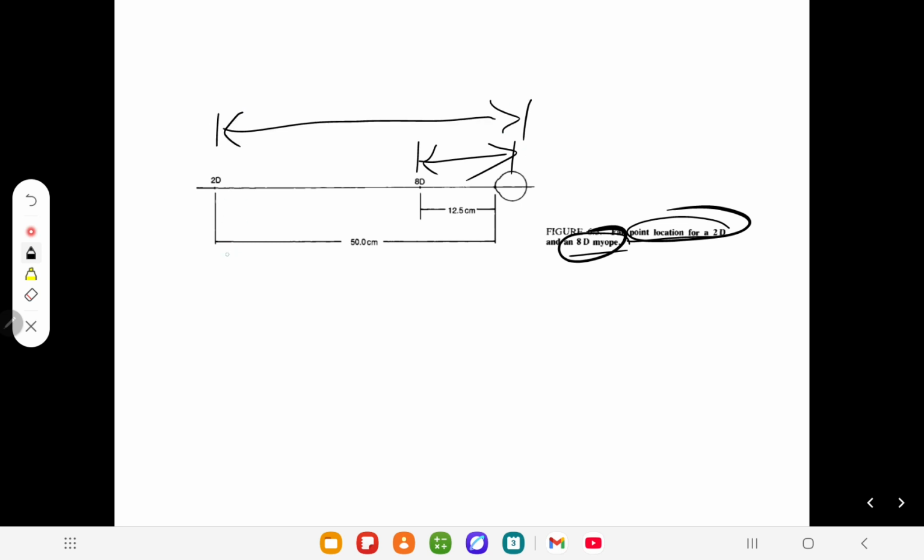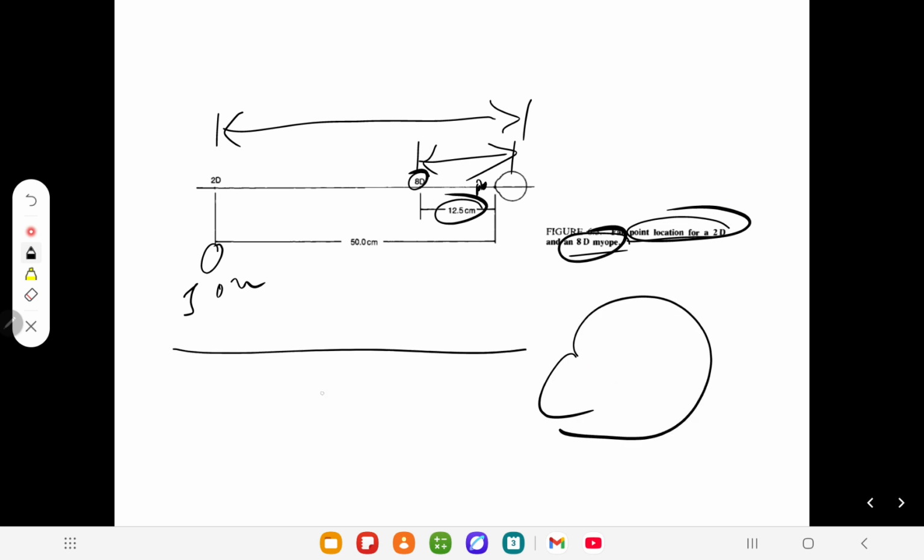The far point is always at 2 diopter, meaning 50 centimeter, and the near point depends on his accommodation. At the same time, for the 8 diopter myope, the far point is at 12.5 centimeter, but the near point depends on that particular patient's accommodation. So it's centrally important to understand that for different refractive errors, there are different far points and different near points. For example, let's take an example of one person who is emmetropic.